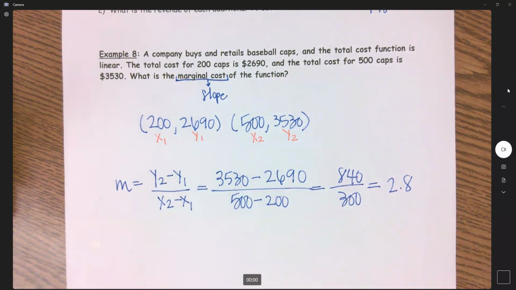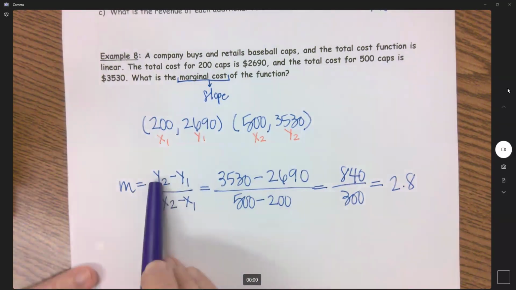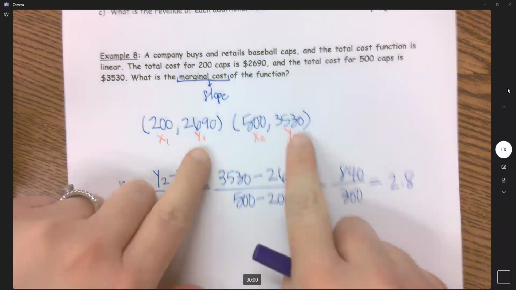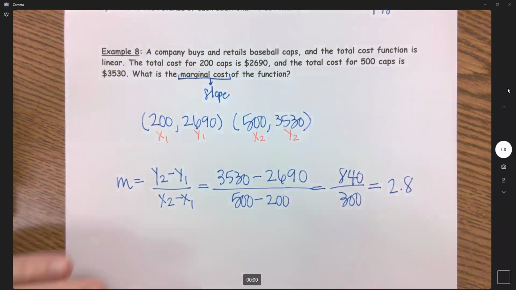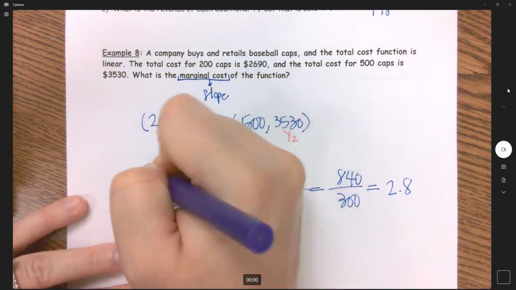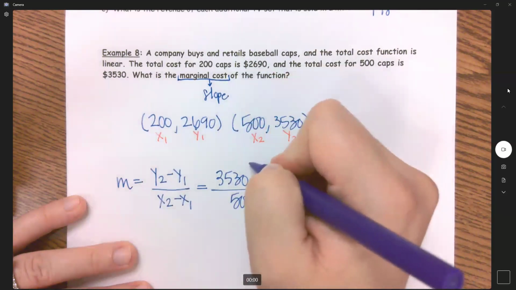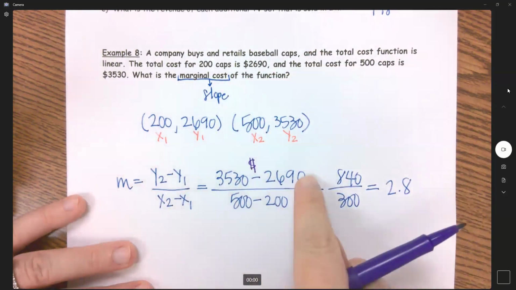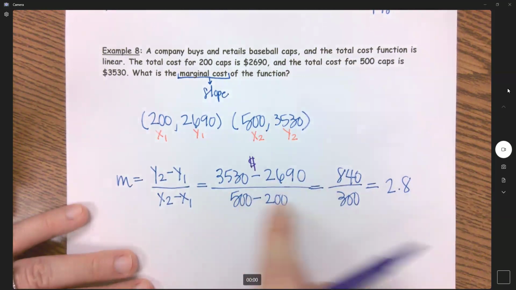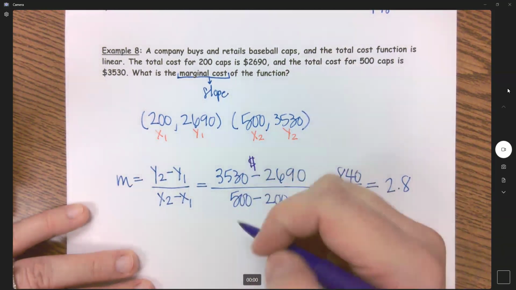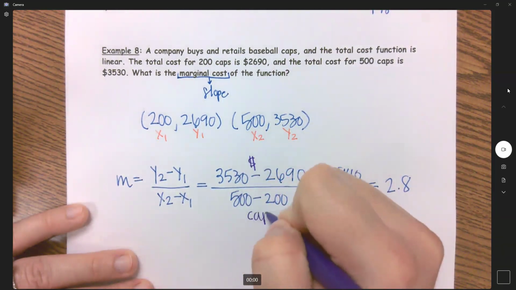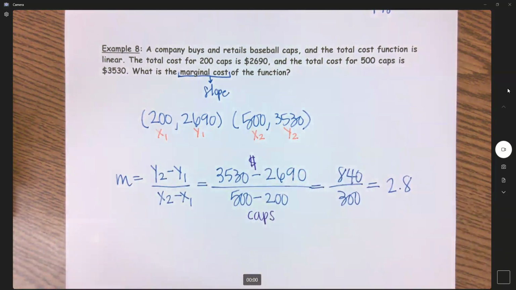Okay, so what is the marginal cost here? Let's again talk about what our values represented. My y represented my money, so this was my money over, what did these represent? My number of caps.